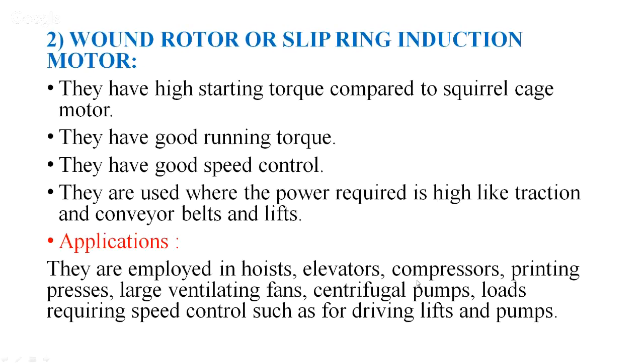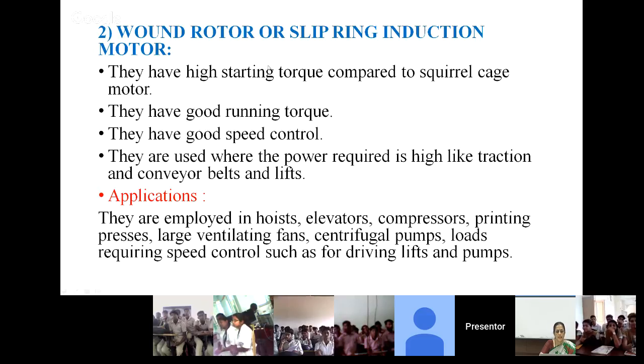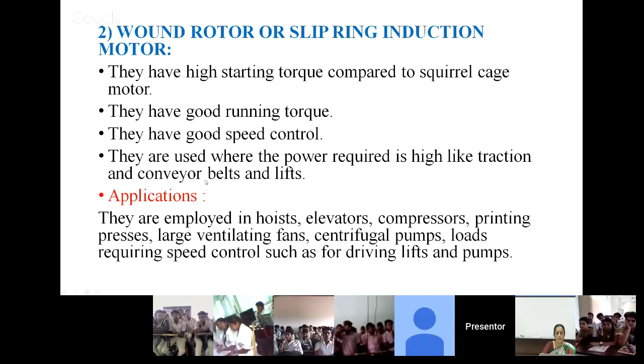Okay, so let us see the characteristics and applications of wound rotor or induction motor. They have high starting torque compared to squirrel cage motors. They have good running torque. They have good speed control. They are used where power required is high, like traction and conveyor belts and lifts.